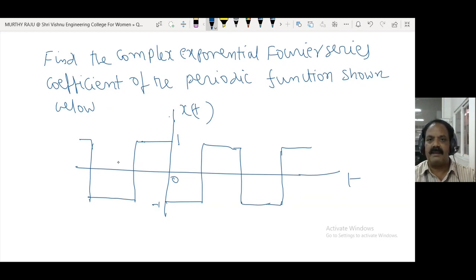Here minus pi, minus 2 pi, plus pi, 2 pi, 3 pi. This one is minus 3.